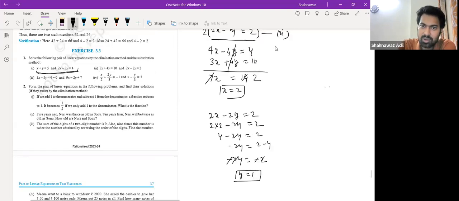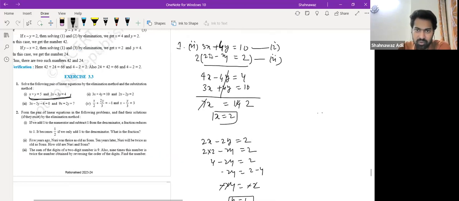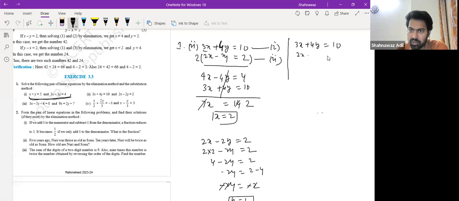And we could have also made the x coefficient the same, right? But we had to multiply both equations because 3x plus 4y is 10 and 2x minus 2y is 2.